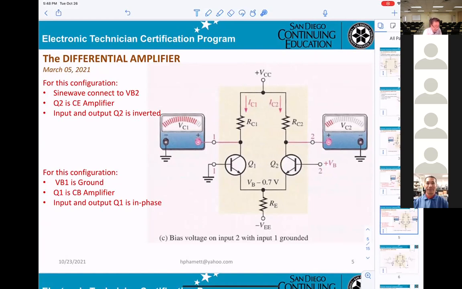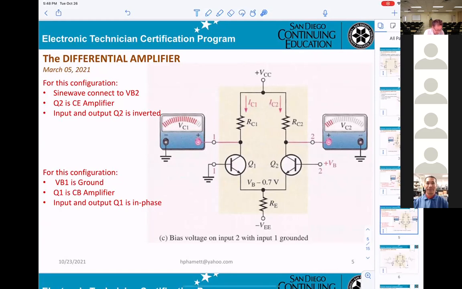I already explained it here. The signal connects to VB2. Q2 is a CE amplifier; input and output will be inverted.